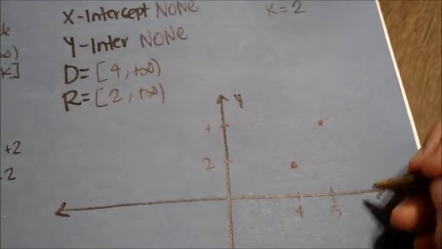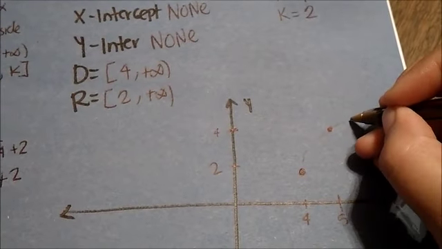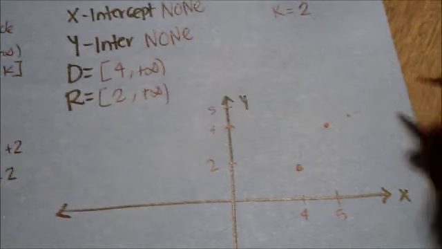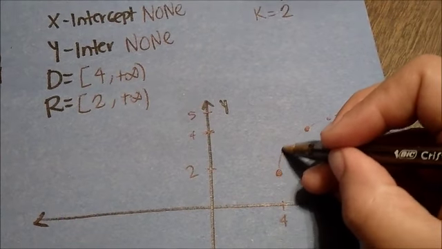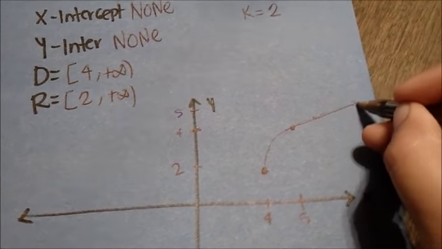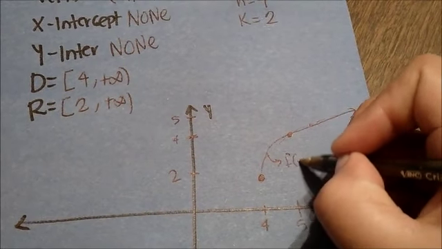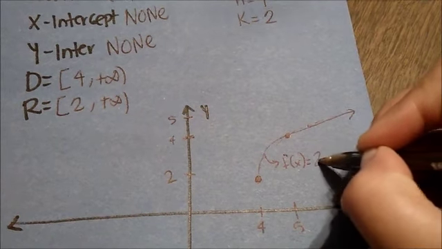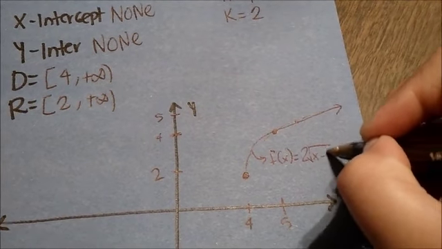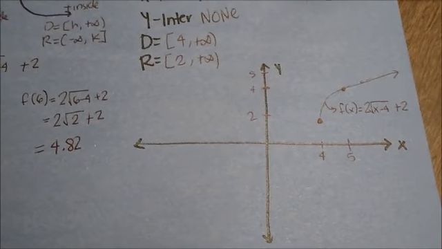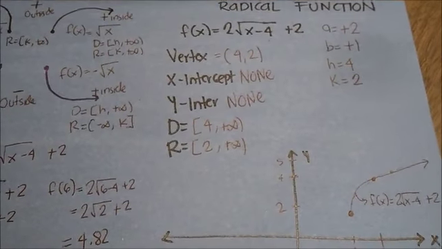So my next value is going to be 4.82. That is going to be here. Why? Because this is 5. So at the end, I found 2 values of my graph. I can draw the shape and also write f of x equals 2 radical of x minus 4 plus 2. We finished the graph. We found everything, so we finish.